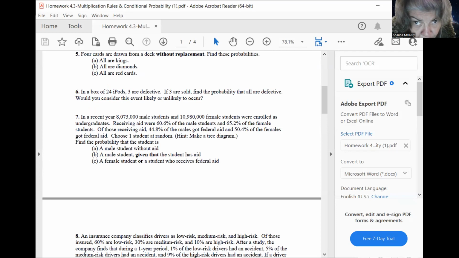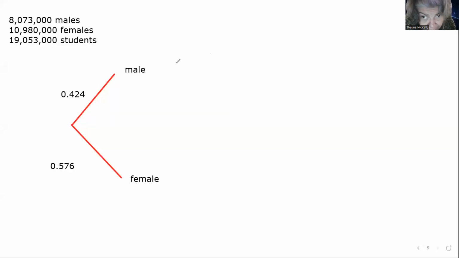Okay, so now we're talking about whether they got aid or not. So now, whether you were male or female, we're going to talk about aid versus no aid.